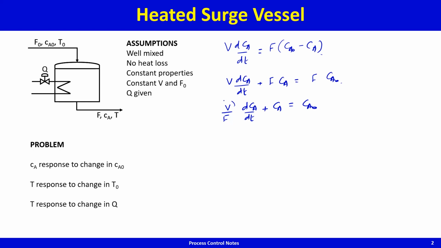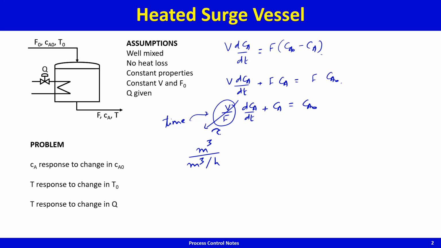and you can see that the units of this guy, V is meter cube, flow rate is meter cube per minute or meter cube per hour, as the case may be. So meter cube per hour, let us say. So you can see that this has got units of time. So we call this a time constant, and we'll say that this is equal to tau.